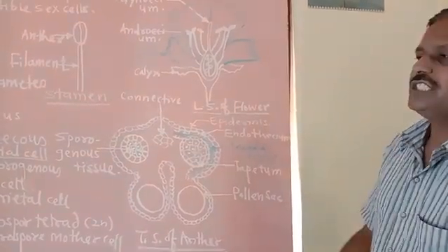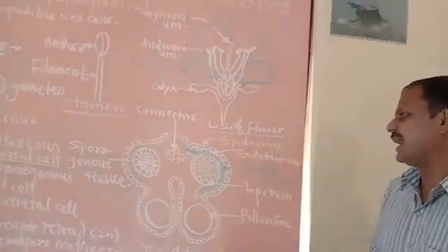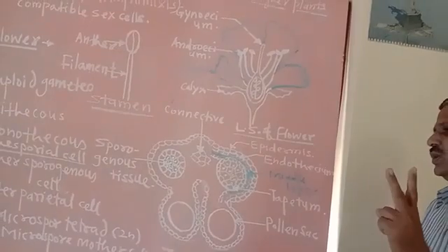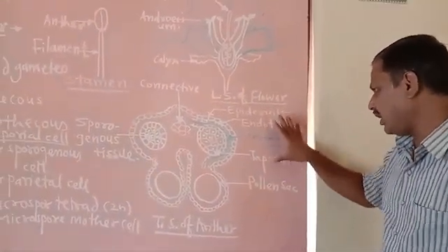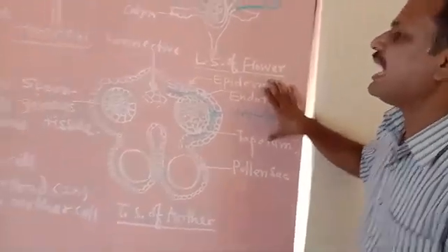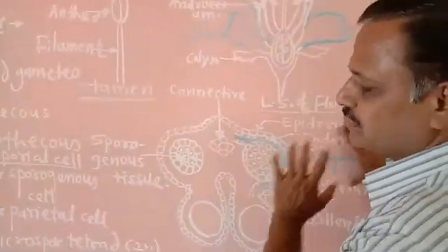Thus, structurally, the TS of anther is mainly divided into two parts, that is anther wall and sporogenous tissue.